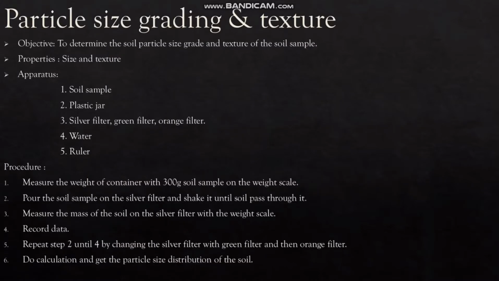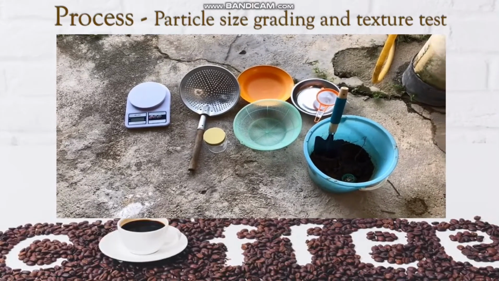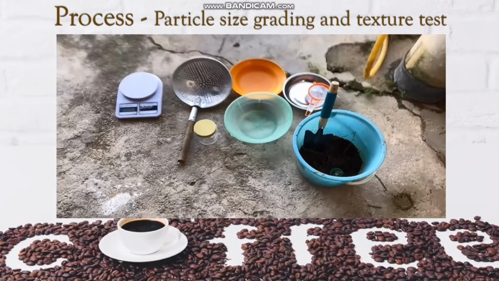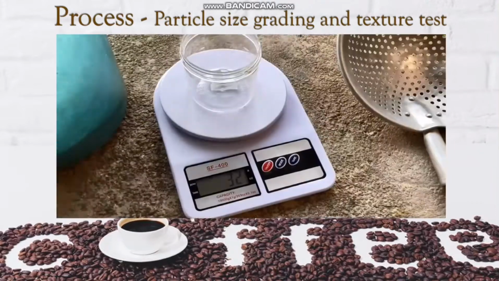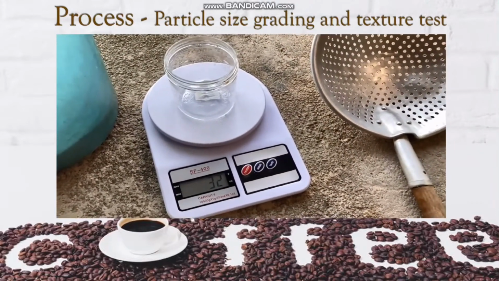This is the particle size grading and texture test. These are the objective, properties, apparatus, and procedures. These are the apparatus for the experiment. Now the container is 32 grams without the lid.